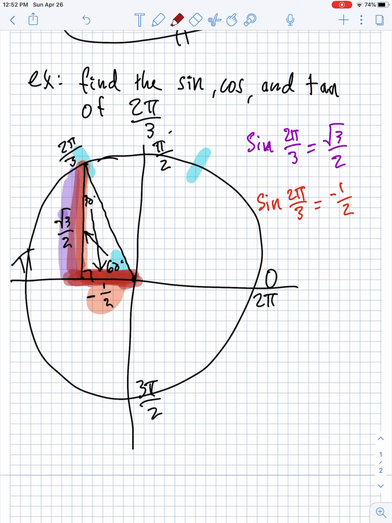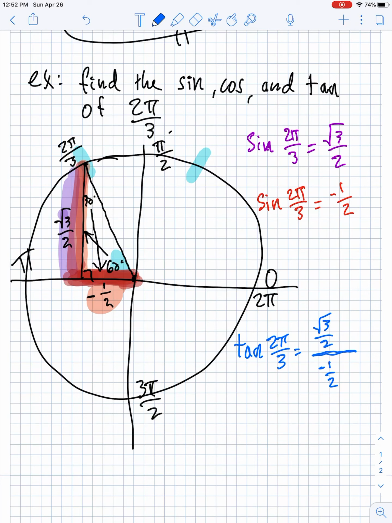So let's just go with the opposite over adjacent version of tangent. That means tangent of 2 pi over 3 is equal to the opposite side, root 3 over 2, divided by the adjacent side, which is negative 1/2.